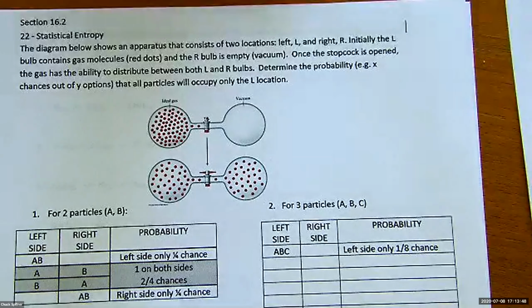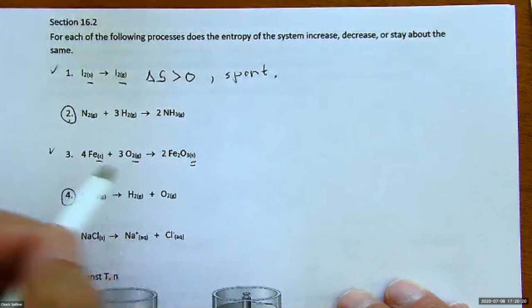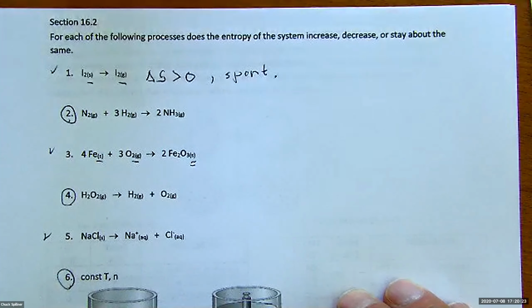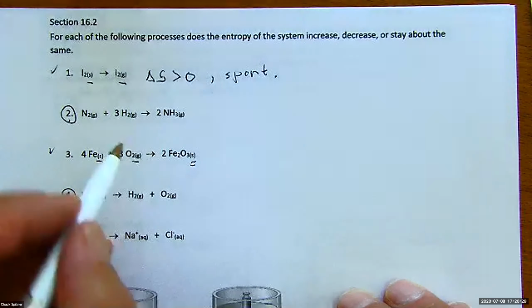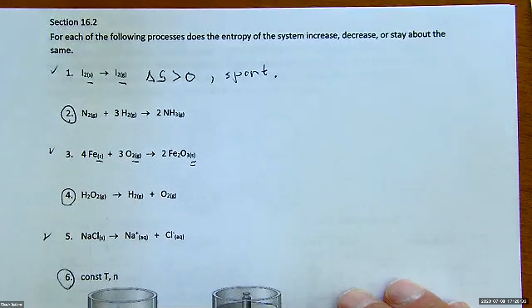In the second case, we have solid iron on the left and gaseous oxygen, producing iron oxide, which is a solid. So we go from a system with a solid to a solid, which probably doesn't change it too much, except the solid on the right is a little more complex, which means it would have a little bit higher entropy. But we're going from a gas on the reactant side, and there's no gas on the other side.